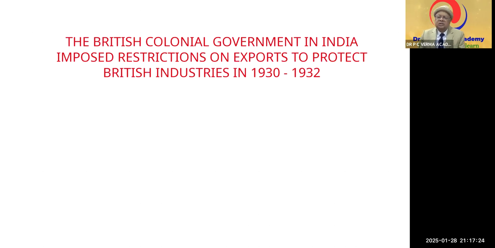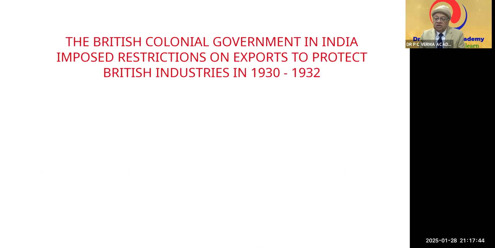What was its impact? We all know that its impact was economic hardship in India, British India. The discriminating protection policy led to economic hardship for Indian industry and workers, created unemployment.